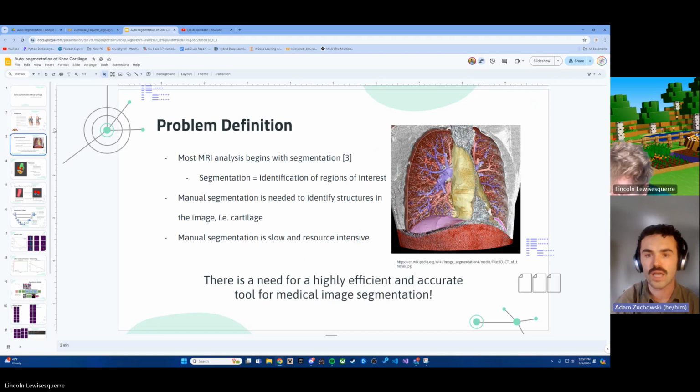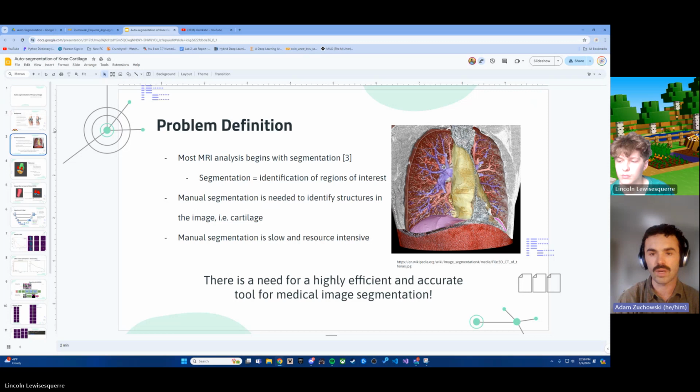The first step in analyzing MRI is a process known as segmentation. Segmentation is the identification of regions of interest from your image. There's an example of that in a lung CT scan shown on the right, where key parts of the lung anatomy have been identified. We need to do something similar to our MRIs so that we can identify structures within our image. In this case, we want to identify the cartilage.